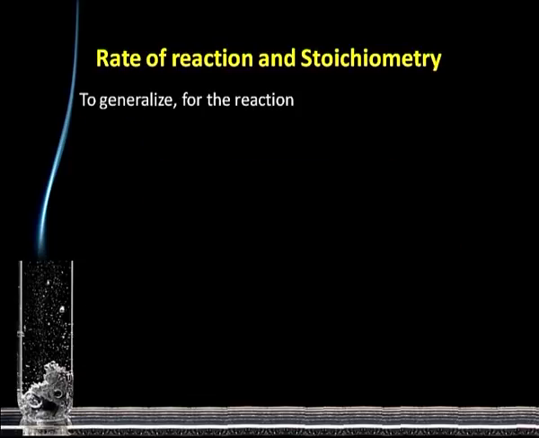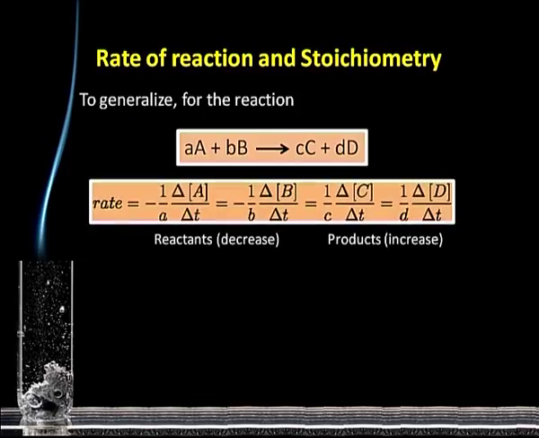To generalize, if you take a reaction in which you have a moles of A reacting with b moles of B, giving you c moles of C and d moles of D, we can write the equation. Negative sign is used for reactants because there is a decrease in concentration, and here you have positive sign because the product concentration increases.